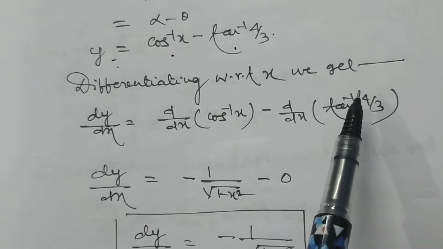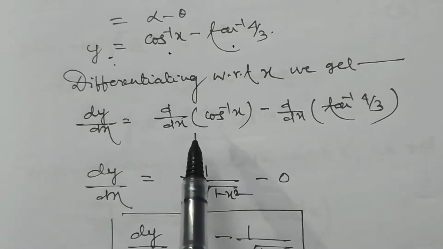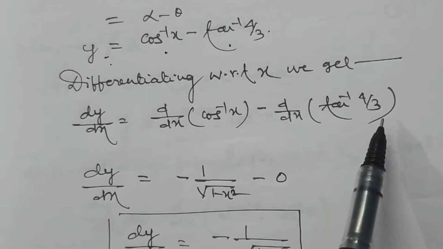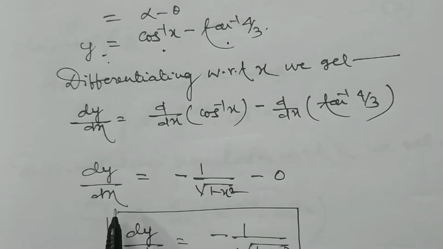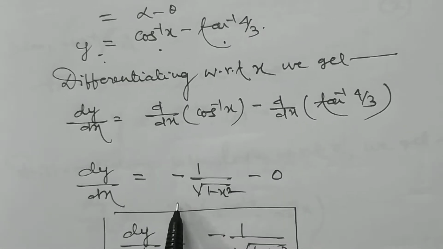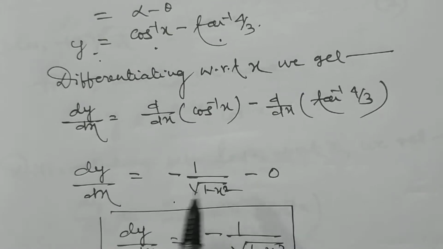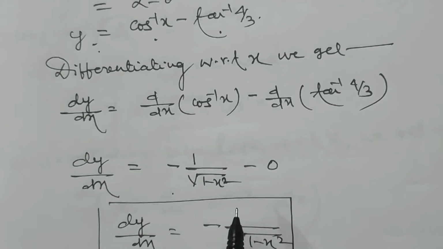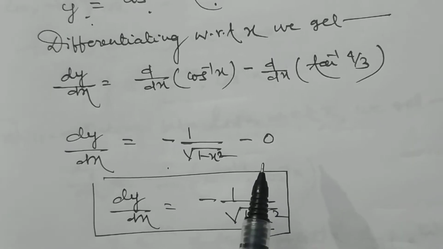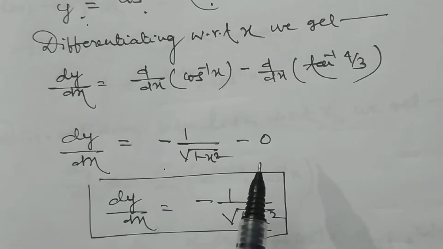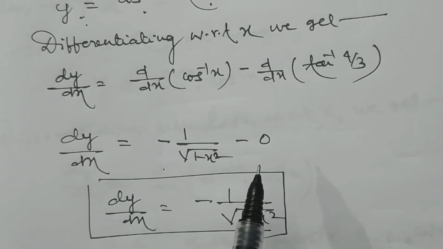Differentiating with respect to x, we get dy by dx is equal to d by dx of cos inverse x minus d by dx of tan inverse 4 by 3, and it will be dy by dx equal to minus 1 over root over 1 minus x square minus 0. So in this way, you can solve this problem. I advise you that you must solve this type of problem four or five times. It will give you confidence.